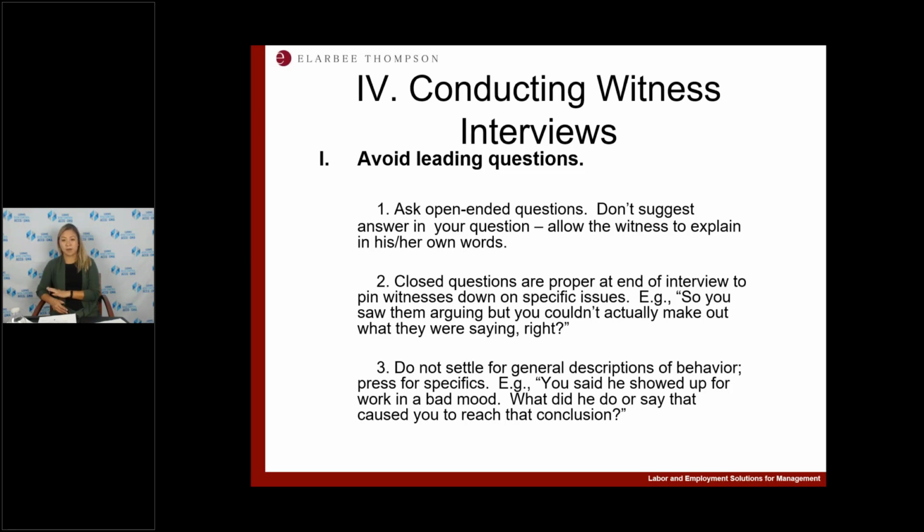Closed questions are proper at the end of the interview, as summarizing questions. So if the witness says, "At the meeting I saw Jenny talk to Mark off to the side, and they looked kind of heated, but I couldn't hear what was said," you can summarize that: "Okay, you saw them in a corner talking, but you did not hear what they said."